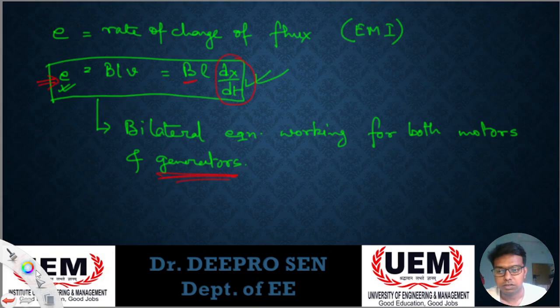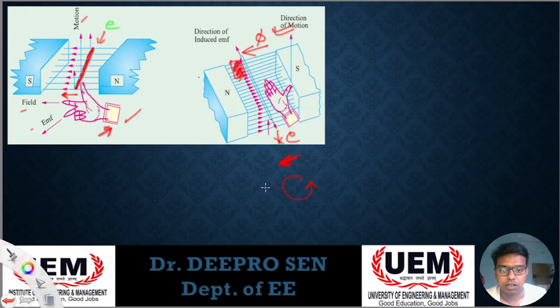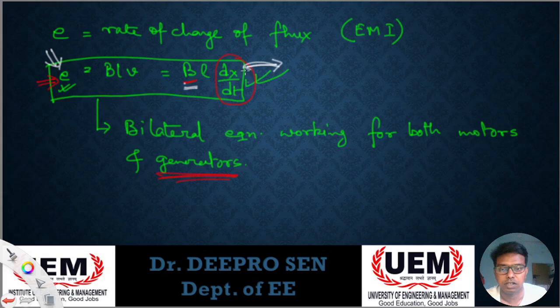But if you give EMF as input in the presence of this magnetic field, you will get the velocity of the conductor either in straight line form or in rotational form. You will get the velocity of this conductor, which implicates the working of a motor. Okay, so this equation is a bilateral equation which works for both motors and generators.